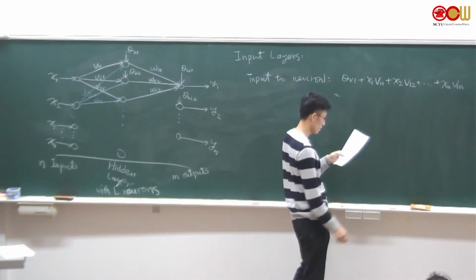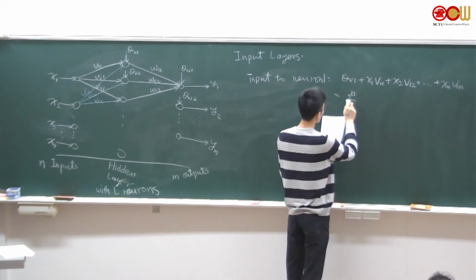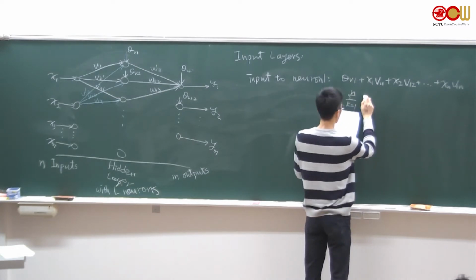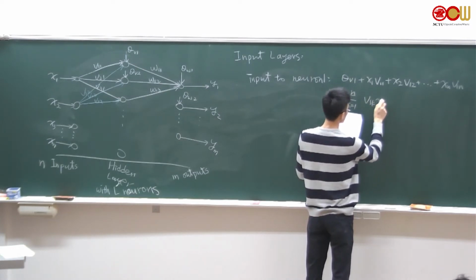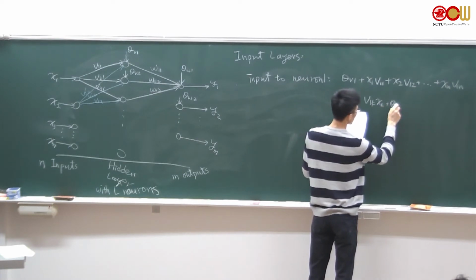So this can be represented as a summation over variable k from 1 to n of v1k xk, plus theta v1.